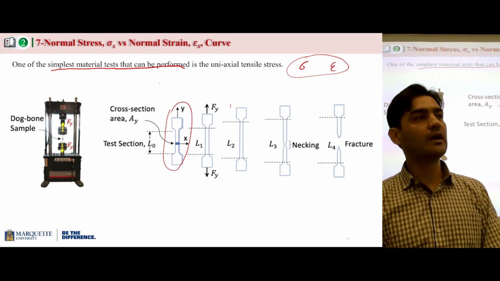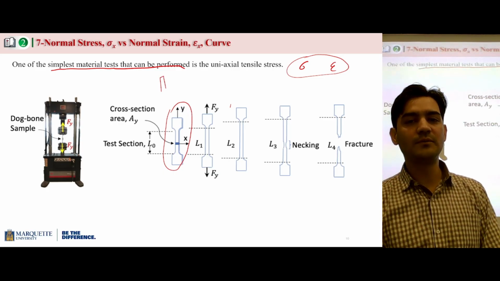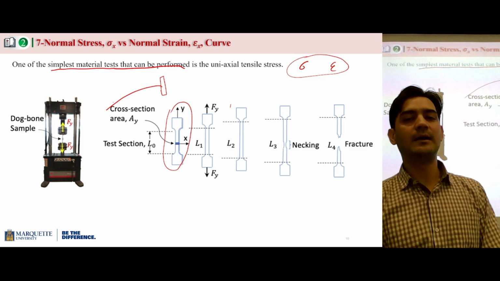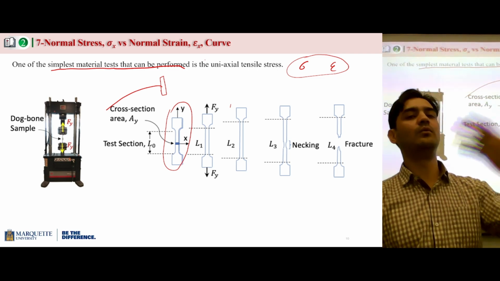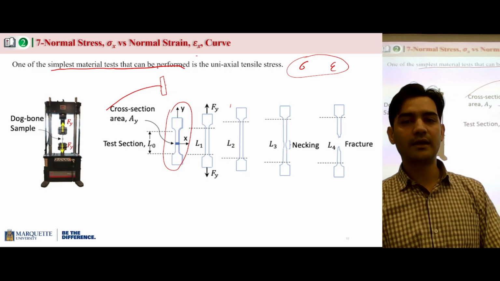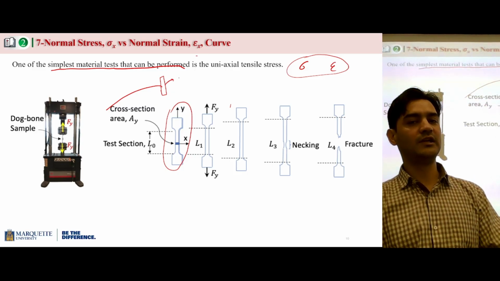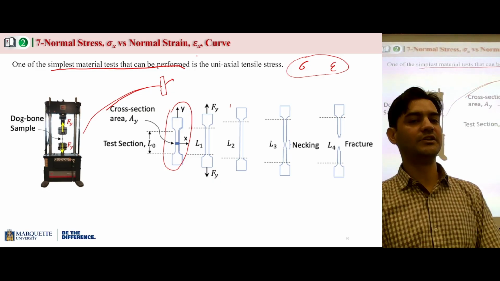So basically what you can do is that you can take a part of the material. For example, if we want to know how steel behaves, when steel will fail, so we'll make a sample out of a steel and we'll put that sample into a machine.